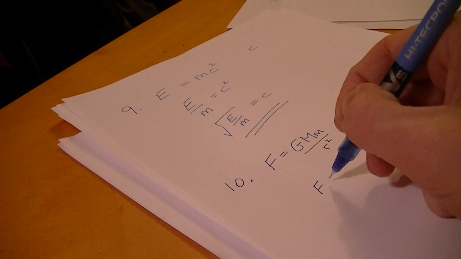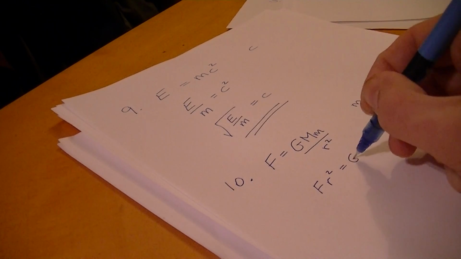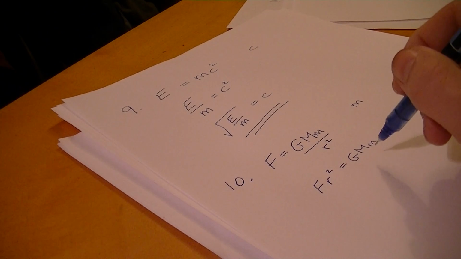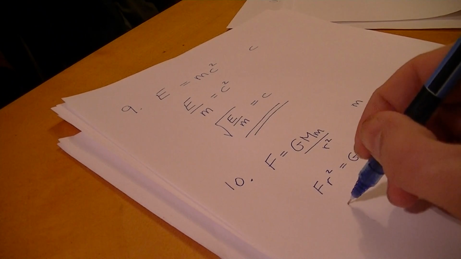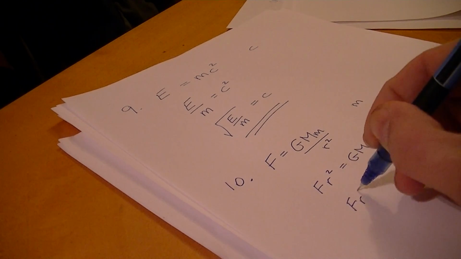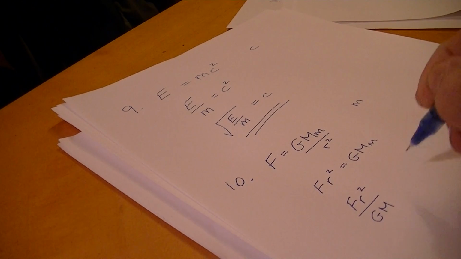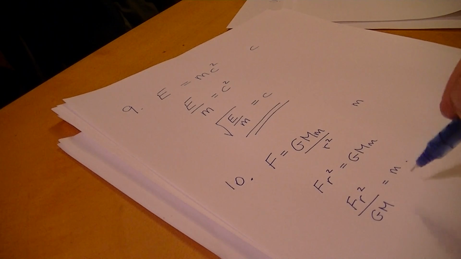We have f r squared equals g m. Now we divide both sides by g. F r squared over g equals m.